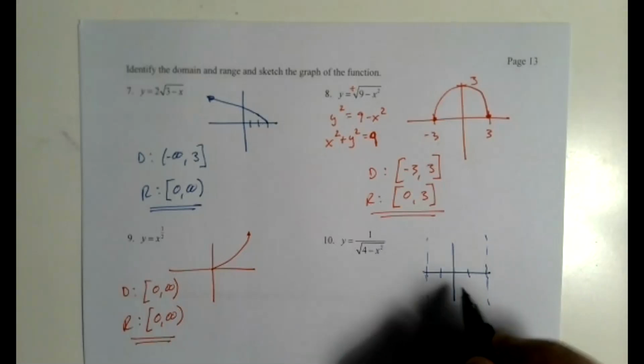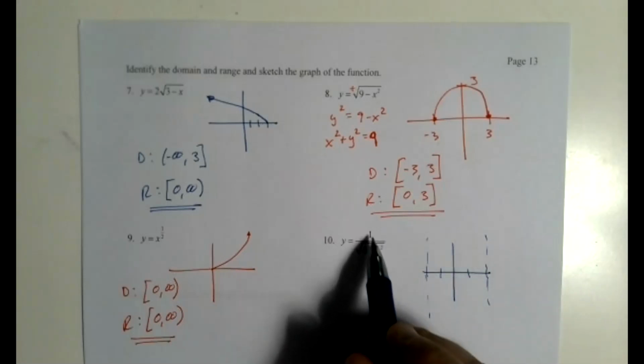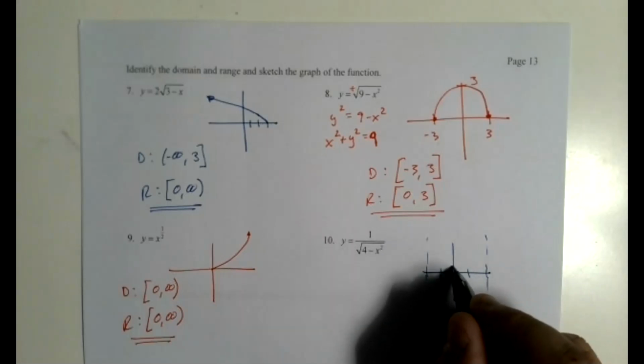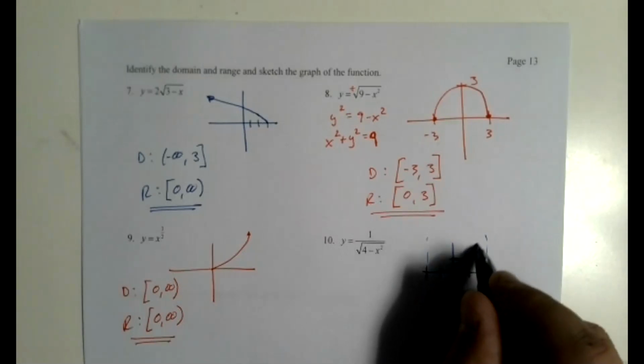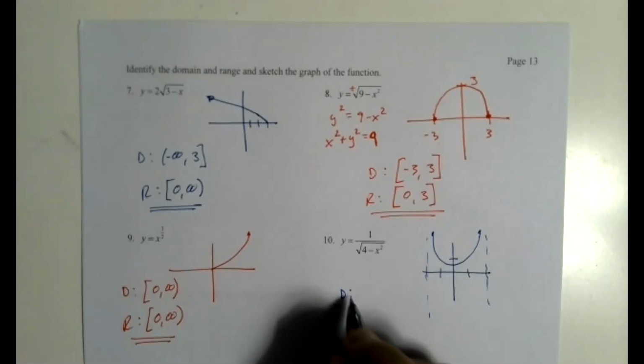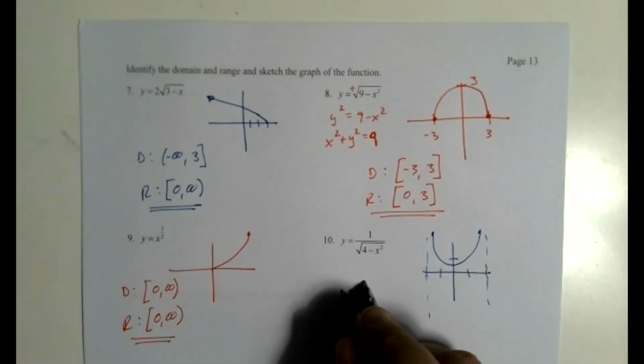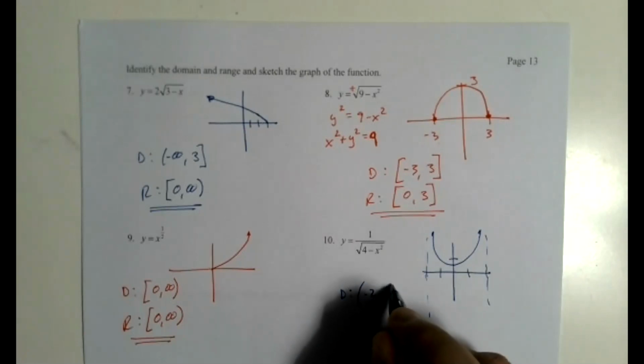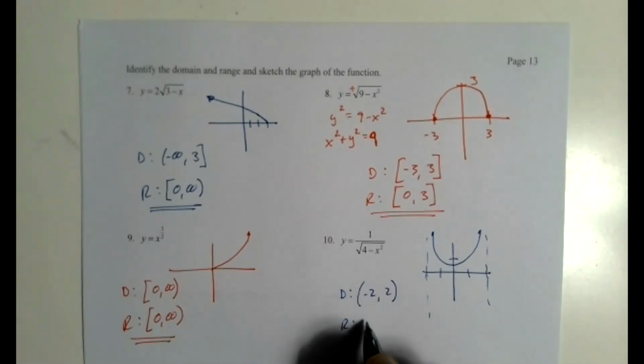And it comes down here pretty low. At 0, I get 1/2. So it's here at 1/2. All right. So domain is not including negative 2 to 2. Range is including 1/2 to infinity.